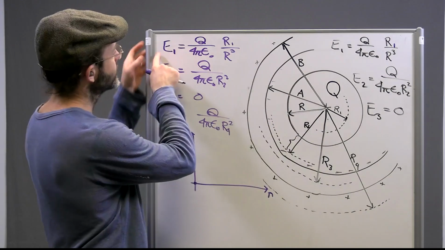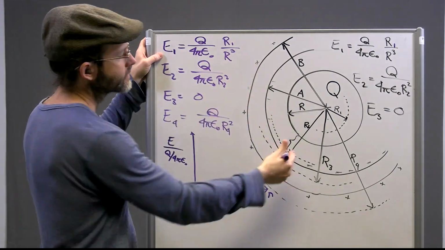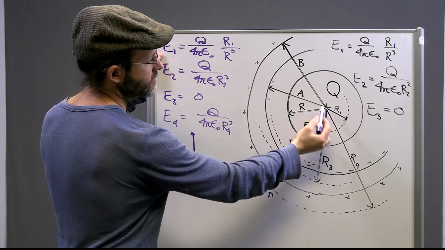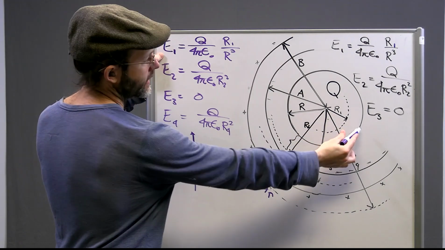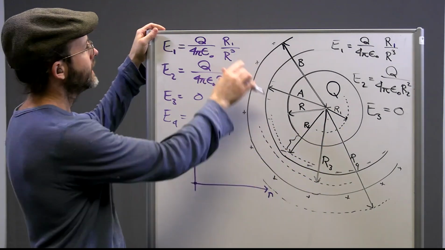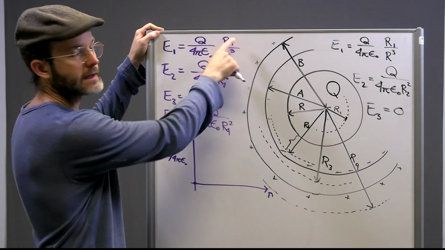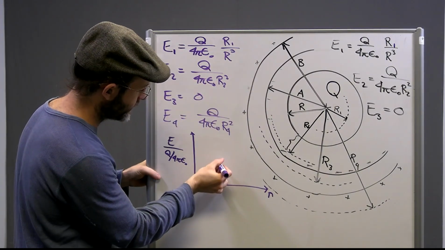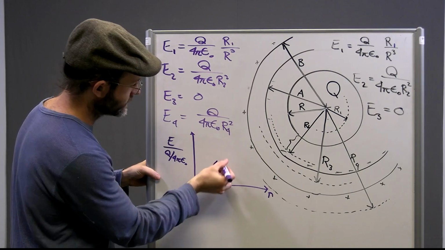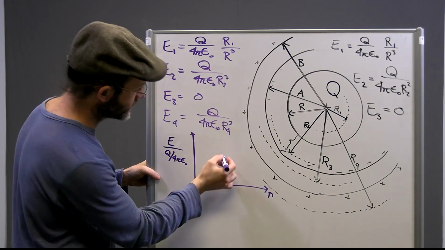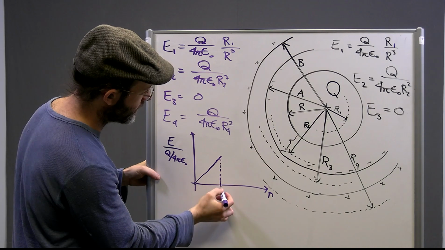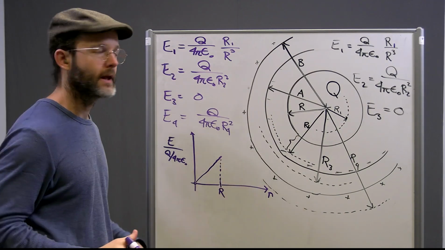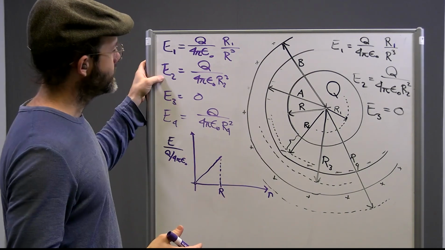If we look at this first equation, as R1 goes from 0 to R, it's increasing. This function increases linearly with R1, so it's simply going to look like this, some linear function until you get to the value R equals capital R. How about E2?